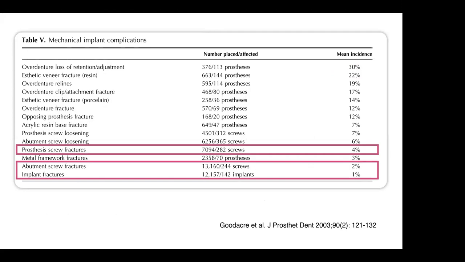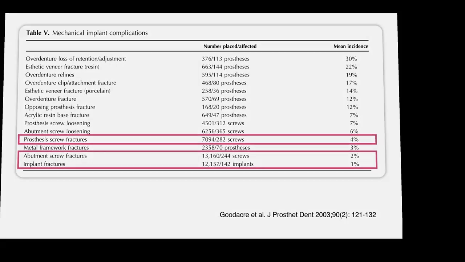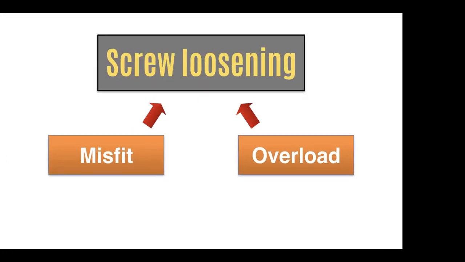Based on these articles, there are a number of screw loosenings that actually occur, and it's been quite a bit of a clinical problem. But let's talk about two main factors that affect screw loosening.